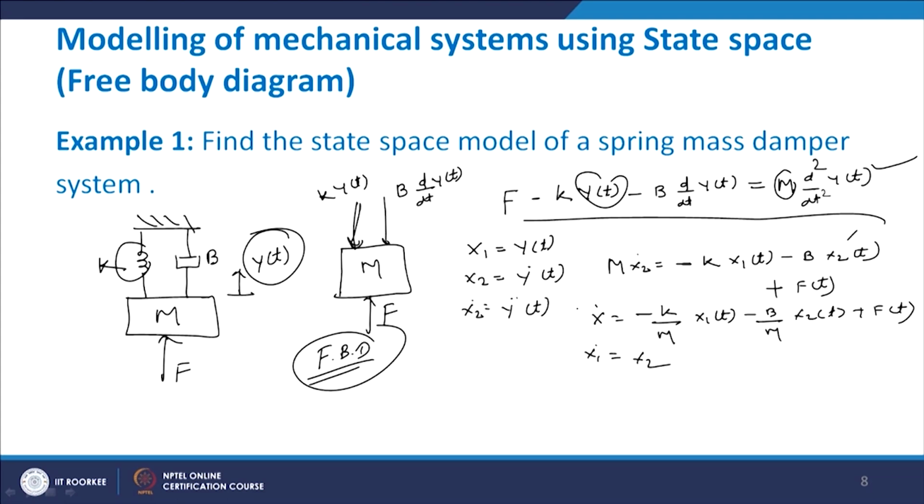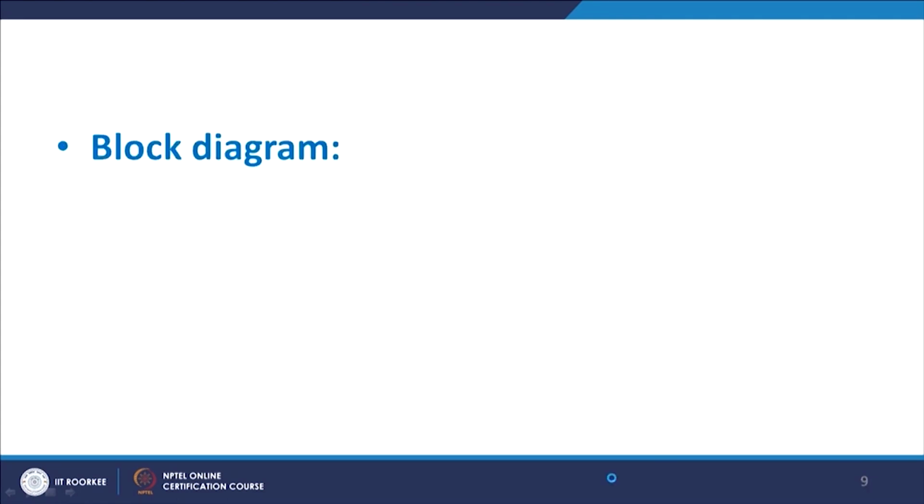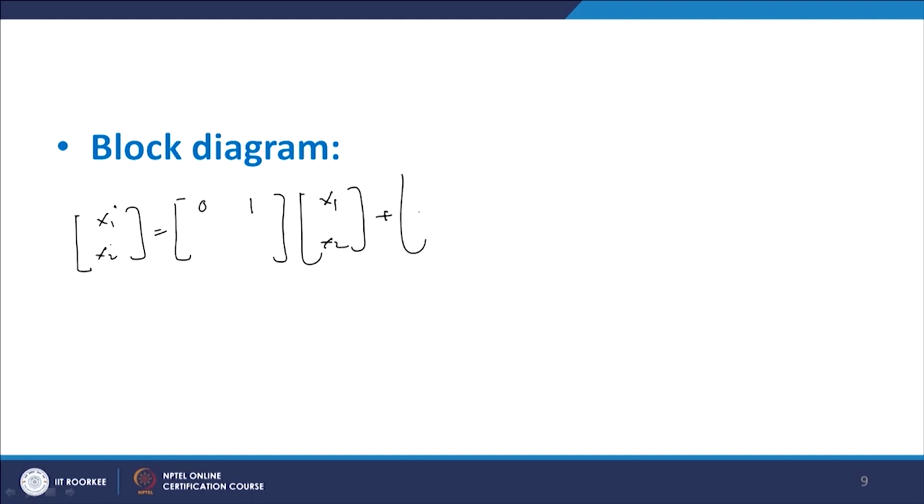So, finally, we write this equation in terms of x dot equal to Ax plus Bu. So, here we write this equation as x1 dot, x2 dot. What is x1 dot? It equals x2. So, we write 0 1, x1 x2, and now this is about u.